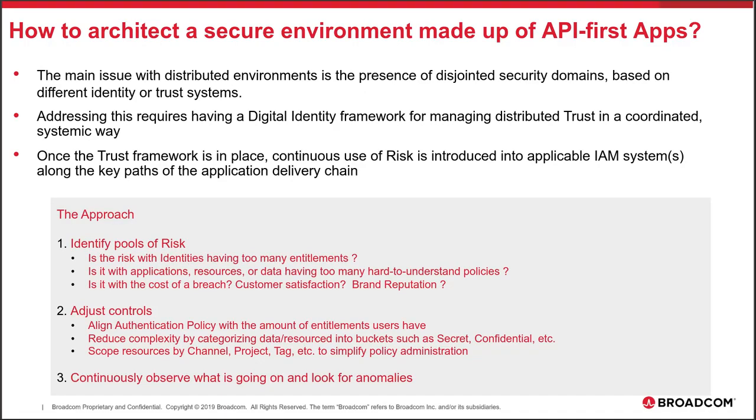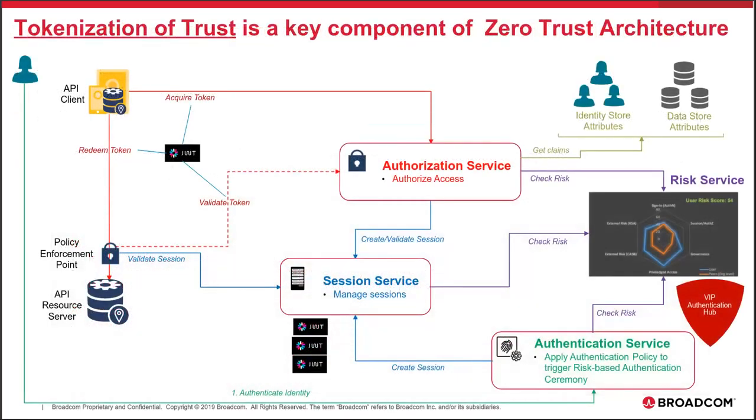And at the same time, it's just as important to continuously observe what is going on and look for anomalies. This is where artificial intelligence and machine learning start to come in. It helps us understand who's doing what, why they're doing it, and who gave them the rights to do that, and use that information to bring it back into our policy infrastructure.